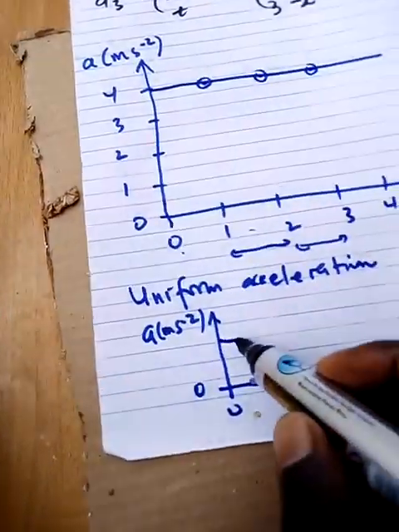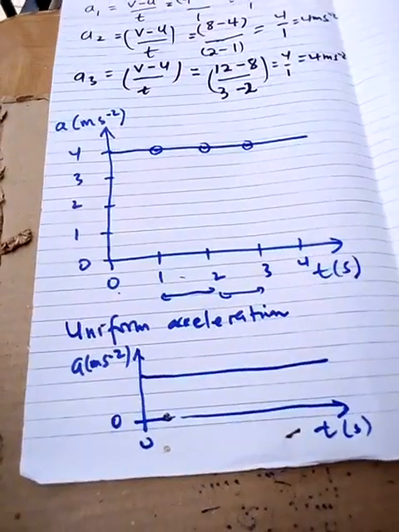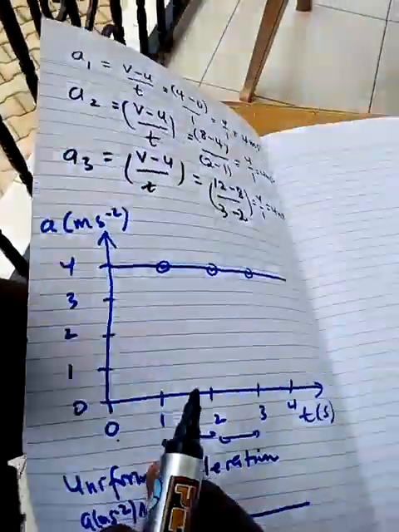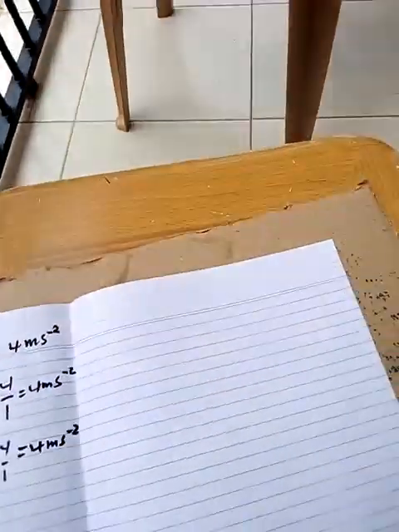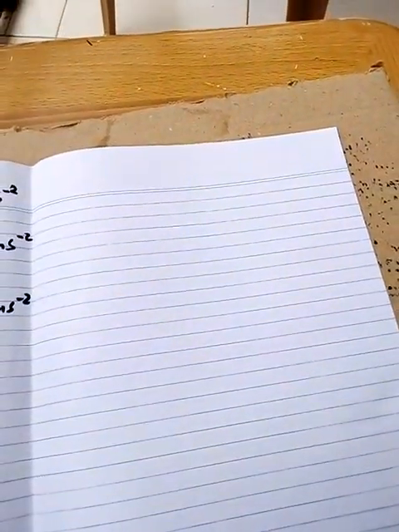It would just be a straight line parallel to the horizontal axis. Uniform acceleration on an acceleration-time graph. That's about uniform acceleration. Hopefully that is okay for us.